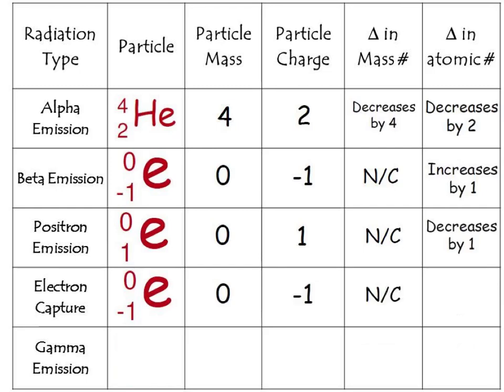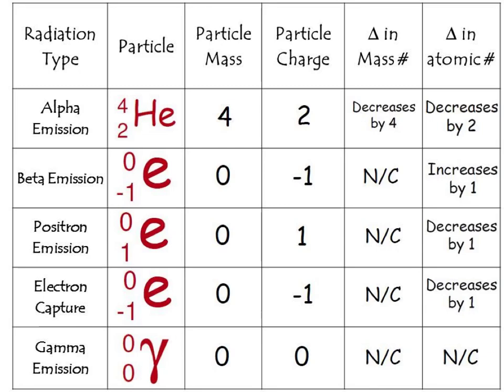It does not change your mass, but this time, unlike beta emission, it decreases your atomic number by 1. And gamma emission is represented by gamma, and it has 0 mass, 0 charge, and it does not change your mass, and it does not change your atomic number. I hope this table helps summarize the particles.